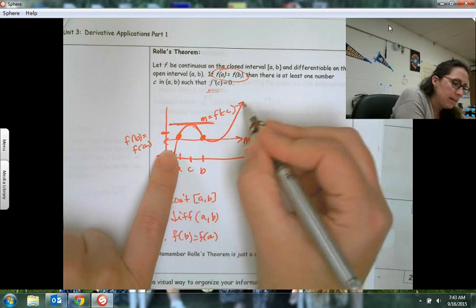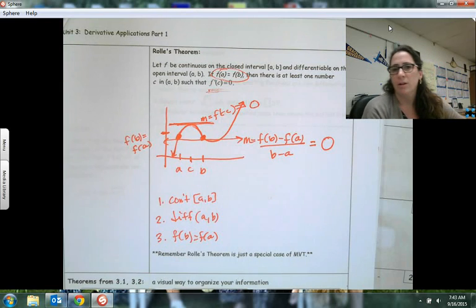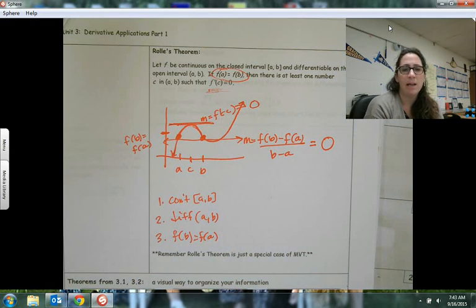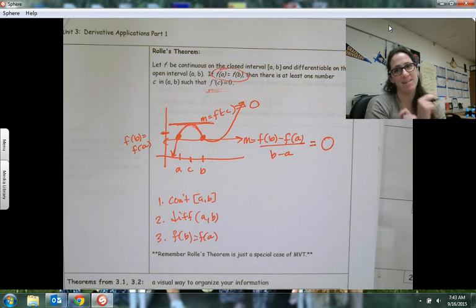And that is 0. So basically, Rolle's theorem says that if I have the continuous and the differentiable on the intervals, and I have those two outputs the same, I am guaranteed a max or a min.